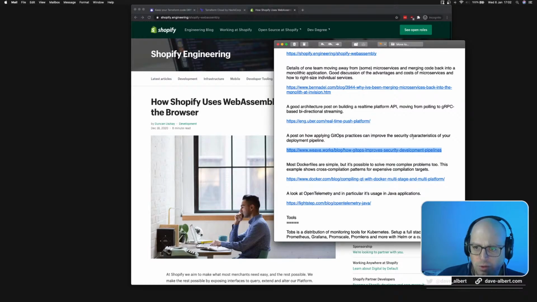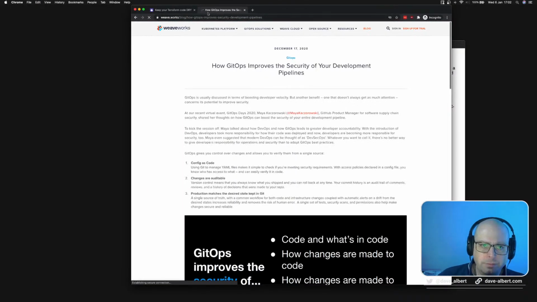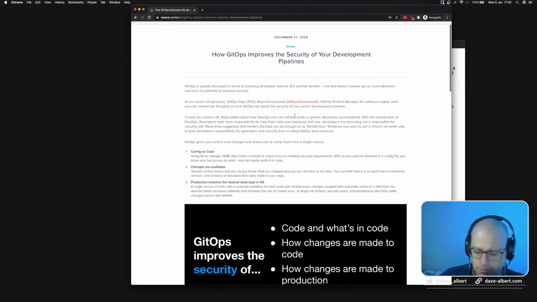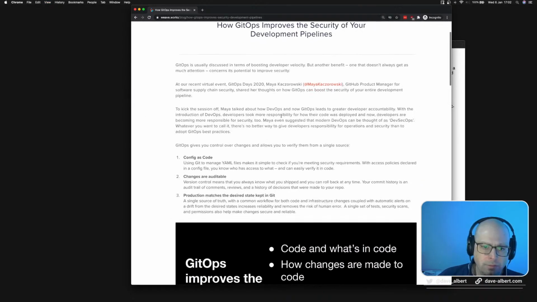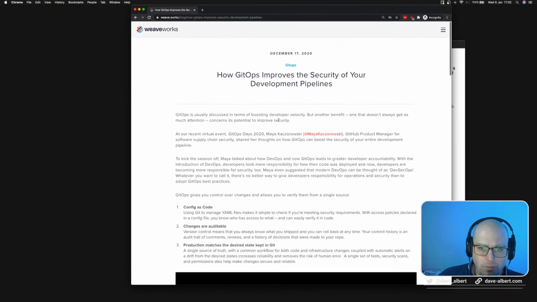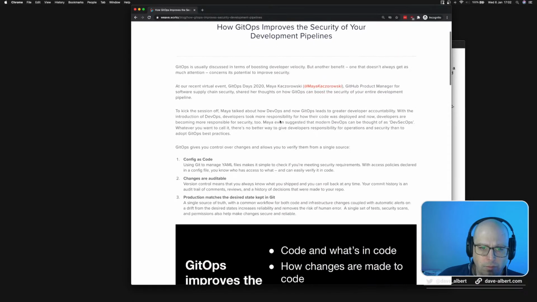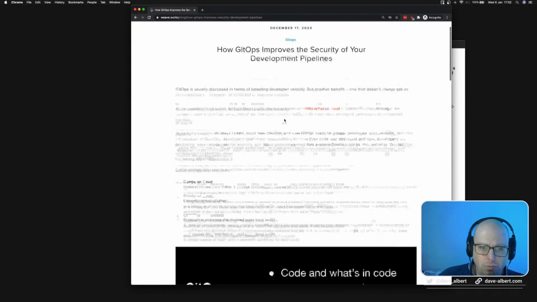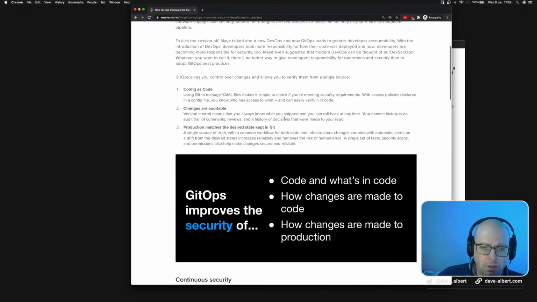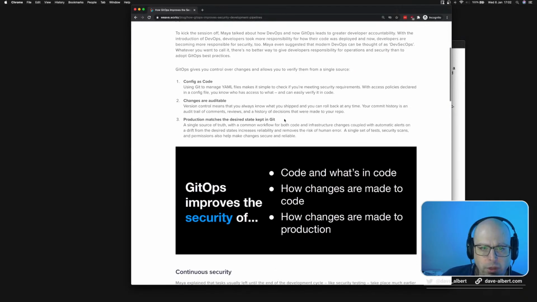GitOps practices, improving the security characteristics of your deployment pipeline. Let's see what we got here. Config as code, using Git to manage YAML files, with access policies declared in a config file.